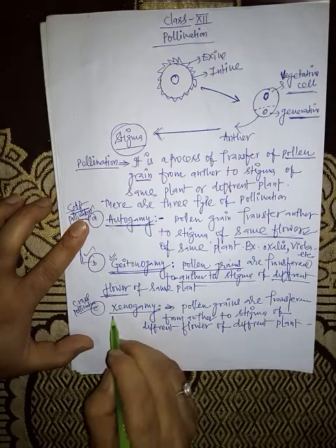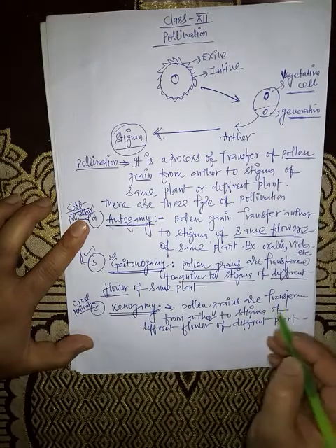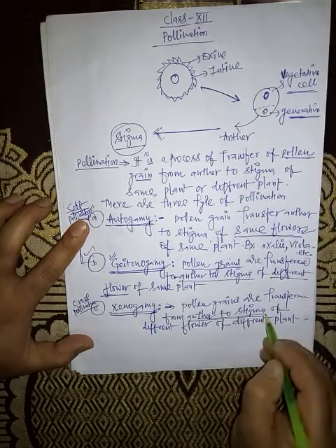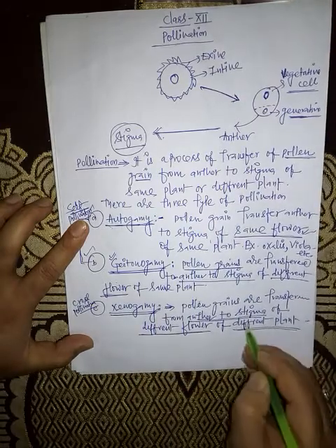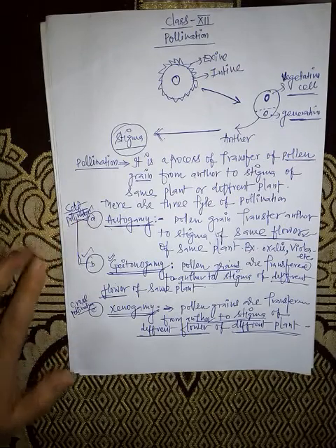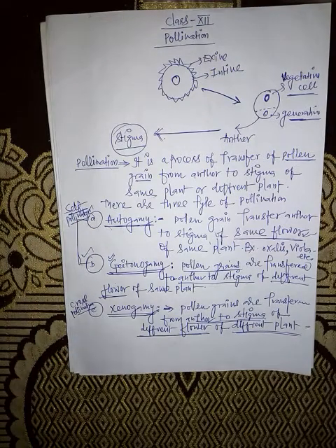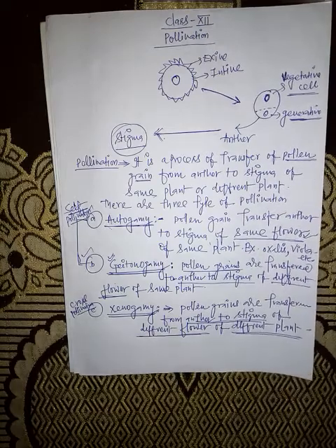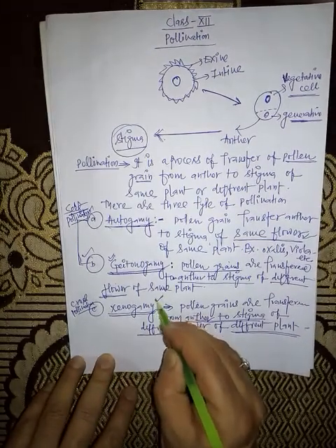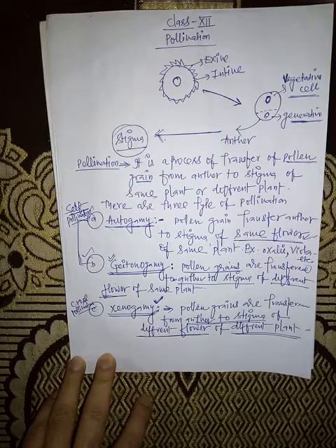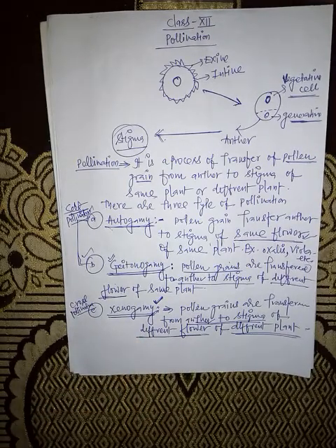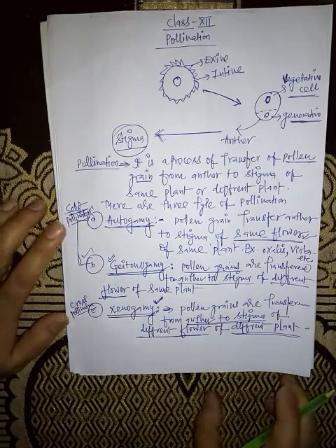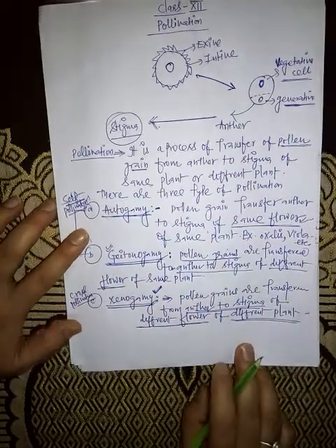Clear? So in this type of pollination, pollen grains are transferred from anther to stigma of a different flower of a different plant, right? So the plant will be different and the flower will be different in xenogamy. In xenogamy, pollen grains always transfer to a different flower of a different plant.